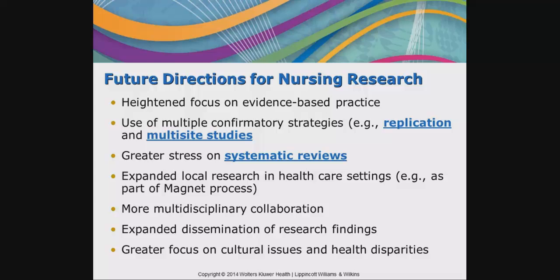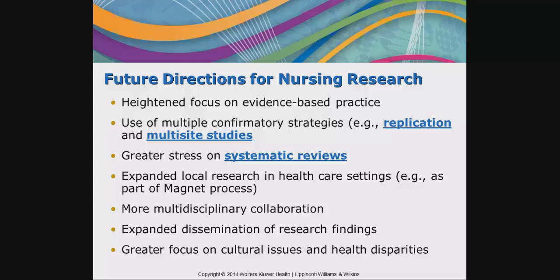That is the current terminology and word that we are using, because this evidence-based practice involves the integration of the best research evidence out there, along with some expert clinical expertise and patient needs and values, the things that are happening in the healthcare system, and all of these entities come together to produce evidence-based practice. There's also a greater stress on systematic reviews, and we're going to talk more about that and what that is here momentarily.